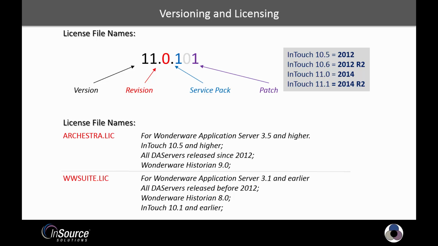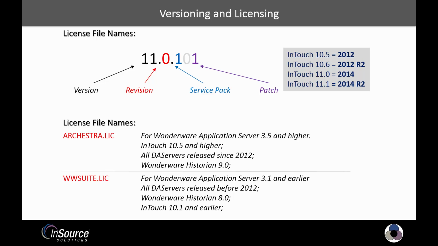Now, there are certain version numbers that the client needs to be aware of, whether or not he's running version 11.0, 11.1, 10.5, or 10.6. We have a table at the right that can help determine the actual version of InTouch that you're running.